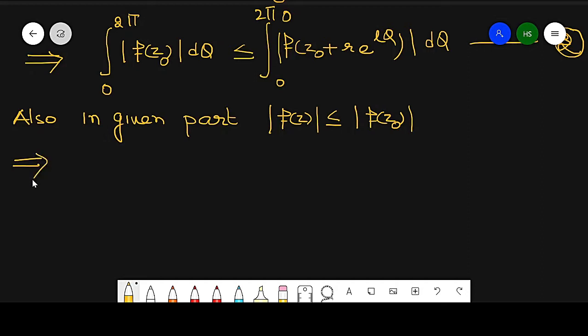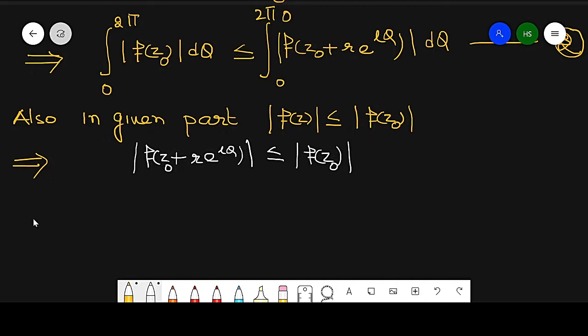So it implies that modulus of f(z naught plus r e raised to power i theta) is less than or equal to modulus of f(z naught).